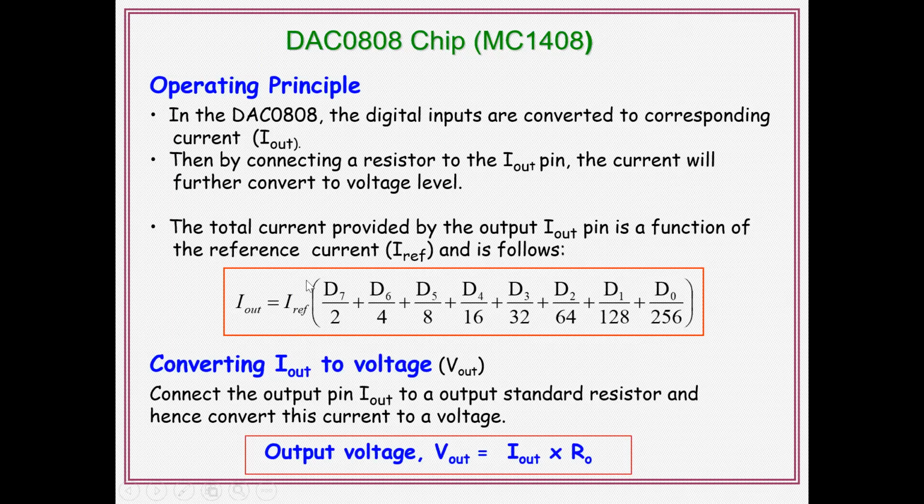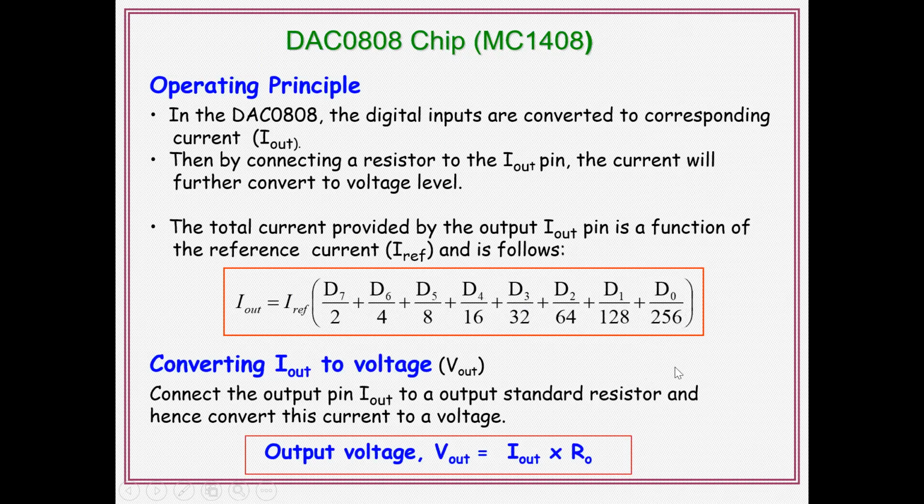I out equals I reference into D7 by 2 plus D6 by 4 plus D5 by 8 plus D4 by 16 plus D3 by 32, D2 by 64, D1 by 128 plus D0 by 256.